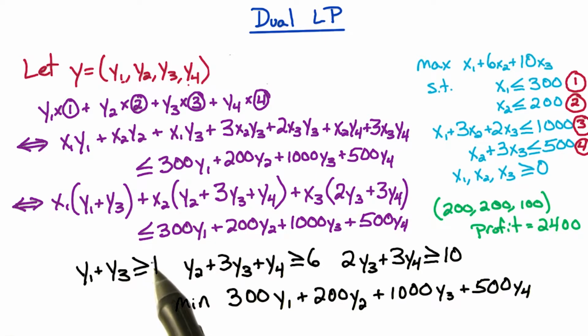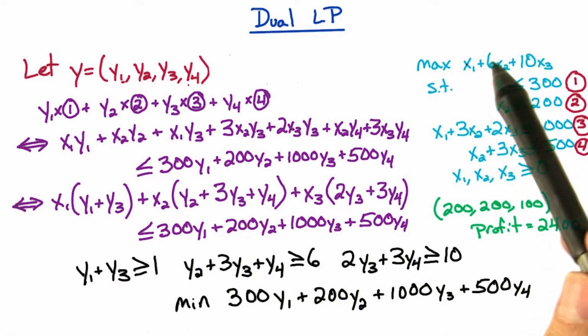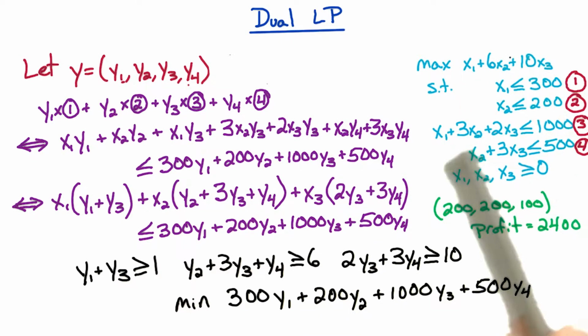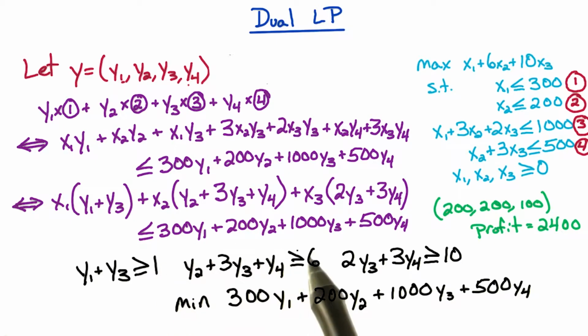Where did the right-hand sides for these three constraints come from? Well, these came from the coefficients in the objective function. So the coefficients in the original objective function define the right-hand sides in this dual LP constraints. And the right-hand sides in the original LP constraints define the objective function in this dual LP. So there's this sort of symmetry.